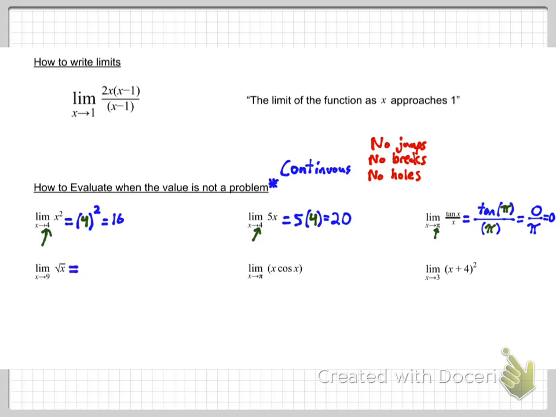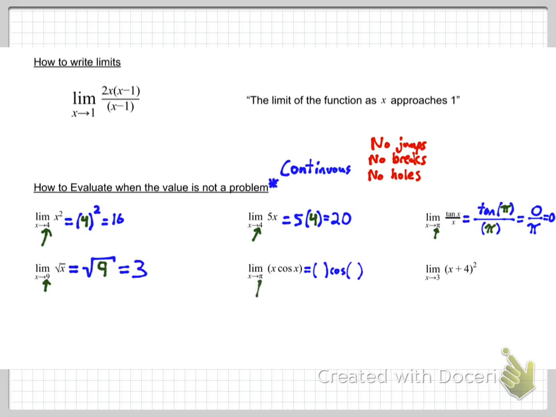Let's do the next one. Square root of x. Notice that there is a break because you can't plug in negative numbers, so there's a break at x equals 0. But because we're not plugging in 0 or negative numbers, we can plug in 9 just perfectly fine, and we get the square root of 9, which is 3.